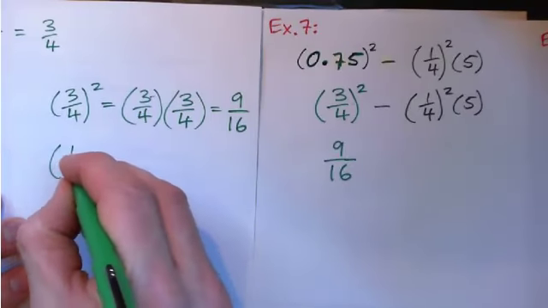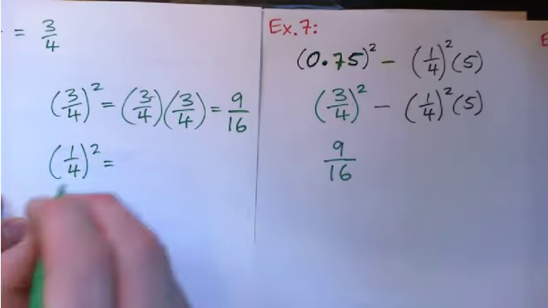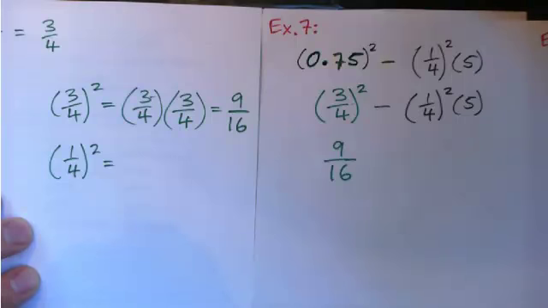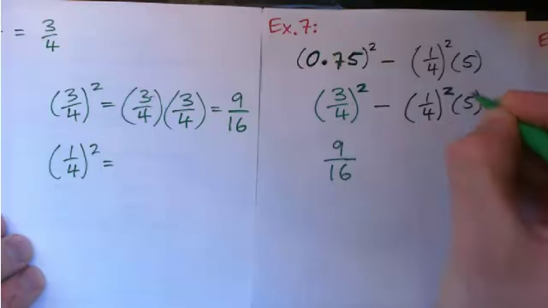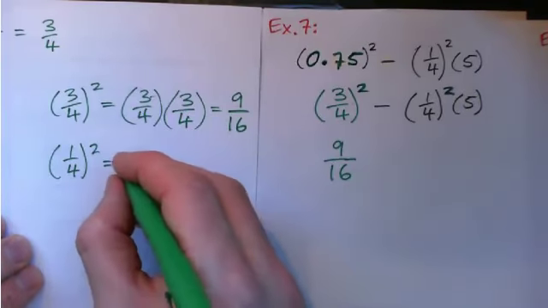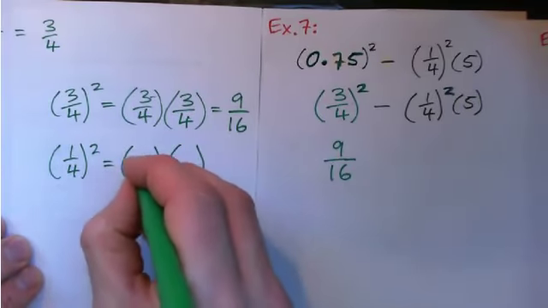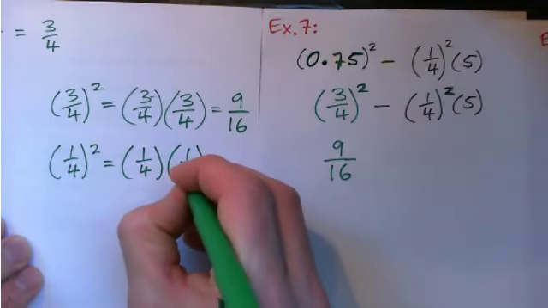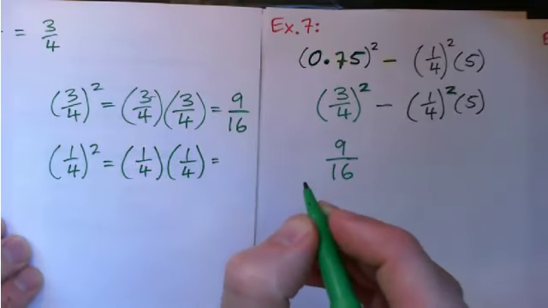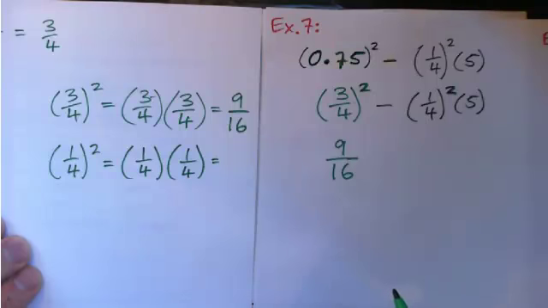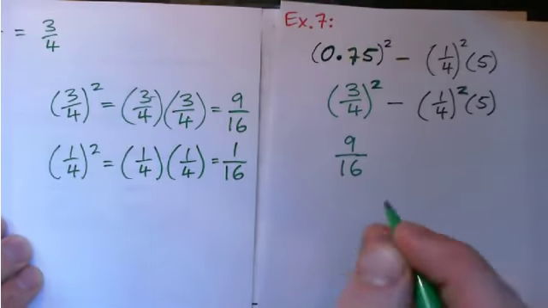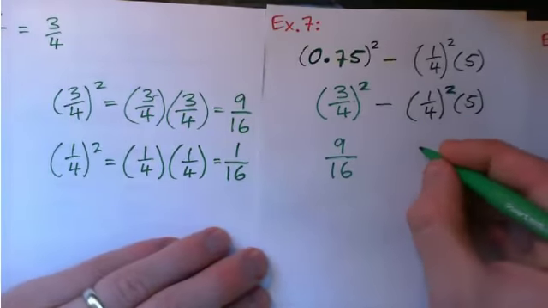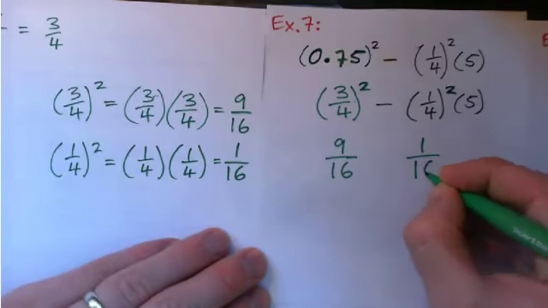Can you do that one? We're doing our exponents because of the order of operations PEMDAS, right? 1/4 squared is 1/4 times 1/4, which is 1 times 1 is 1, 4 times 4 is 16, right? So 1/4 squared becomes 1 over 16.